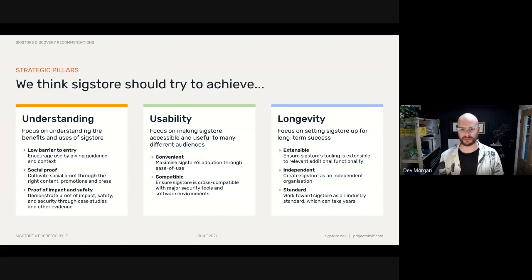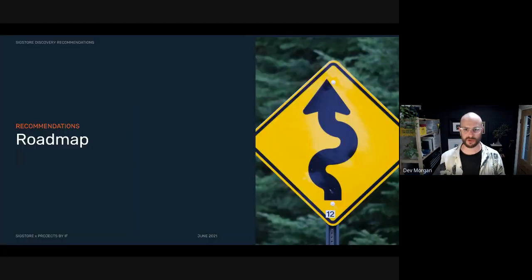We're talking about years, not months, to retain its independence and make sure that people can recognize it as an open source tool, and that it's extensible so that it can be built upon and integrated with other stuff as well. So those are our strategic pillars, if you like. And I'll hand over to Peter, who's going to talk you through how we get there.